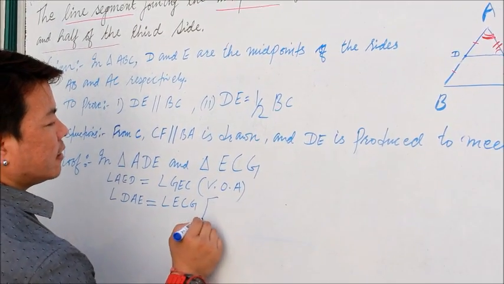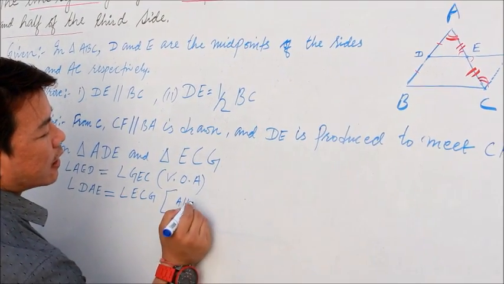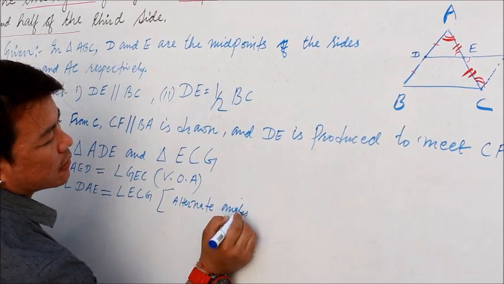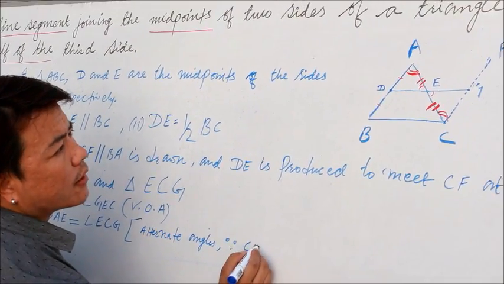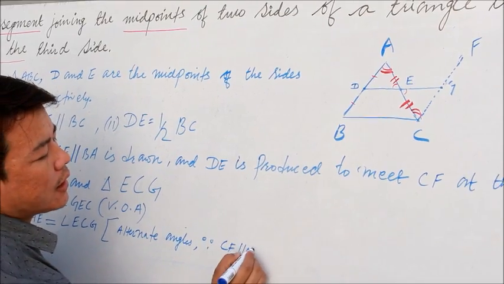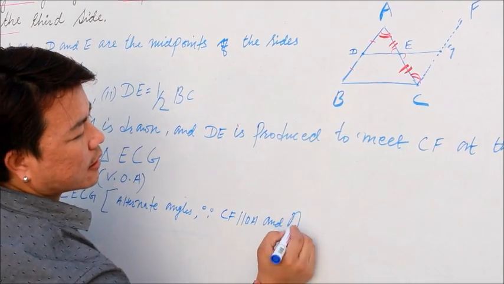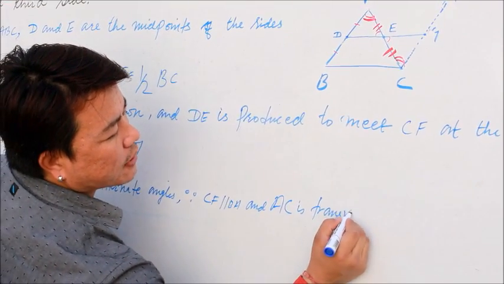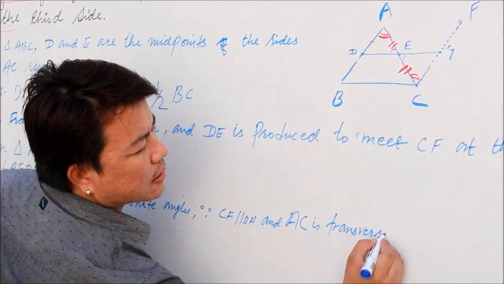And what is the reason? Alternate angles, since CF is parallel to BA, and AC is the transversal.